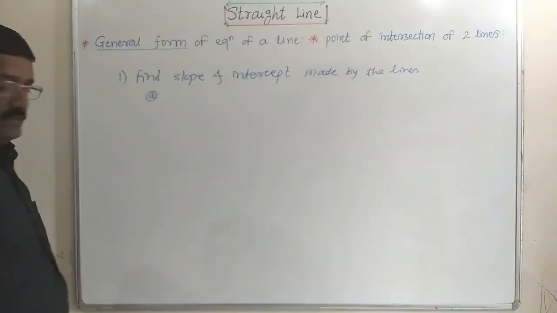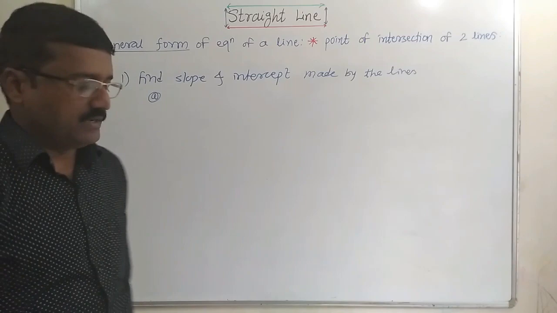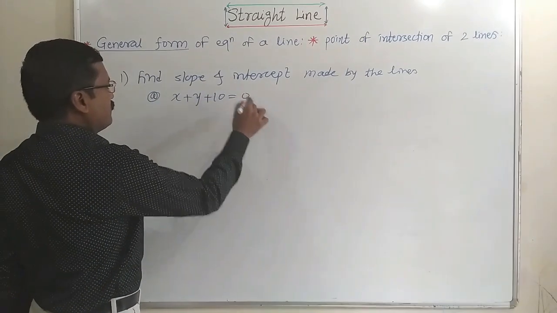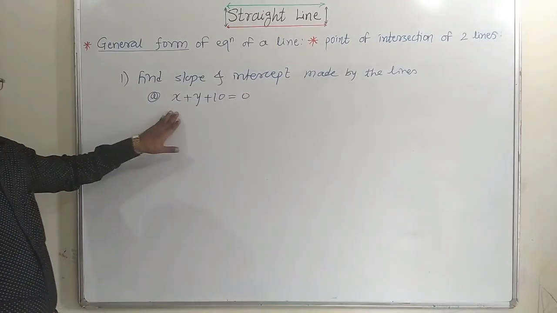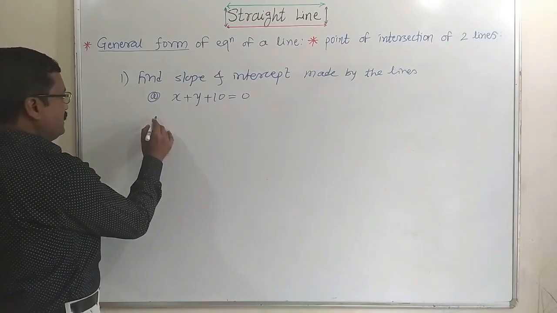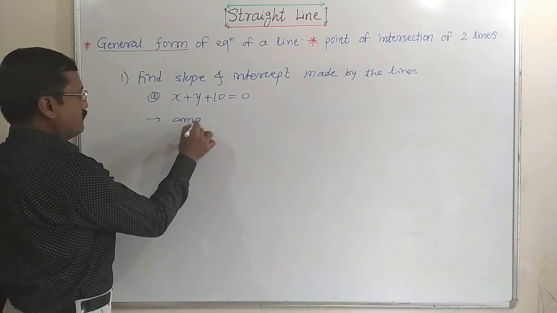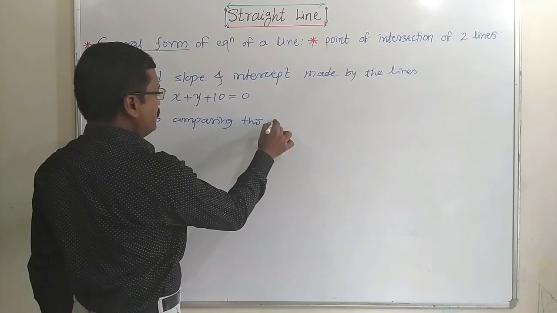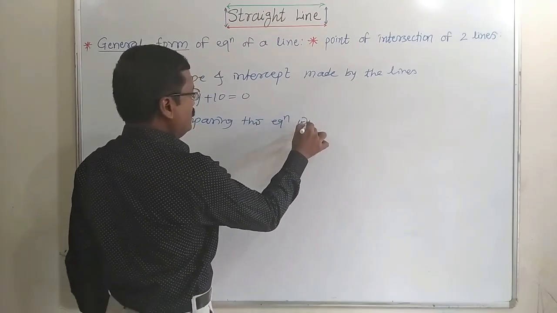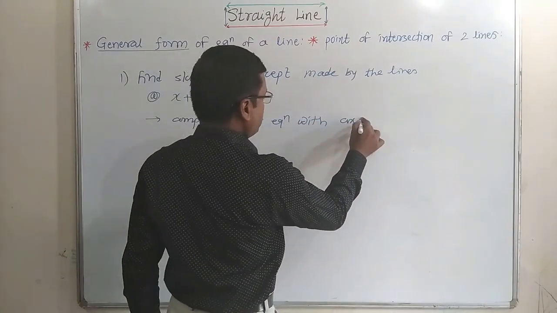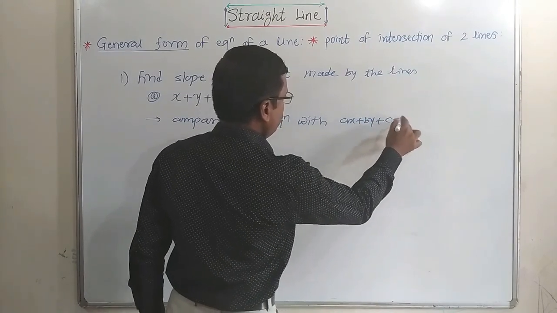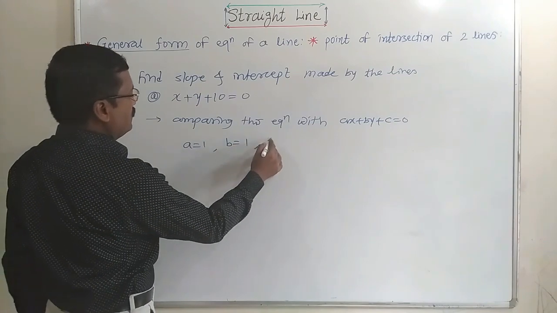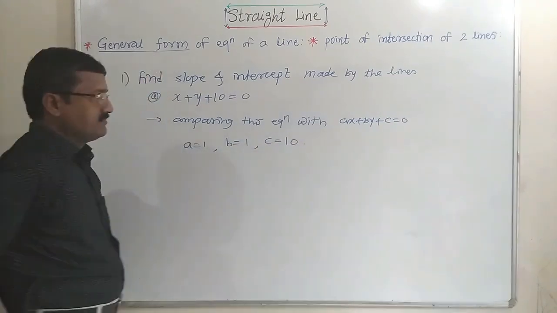First one, equation is x plus y plus 10 equal to 0. The equation is in given general form. So comparing this equation with ax plus by plus c equal to 0, we get a equal to 1, b equal to 1 and c equal to 10.